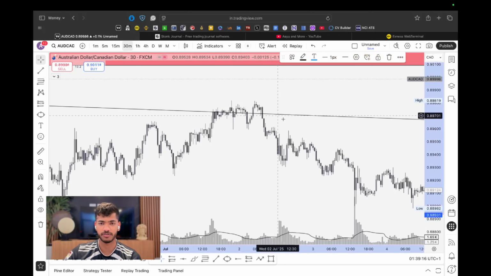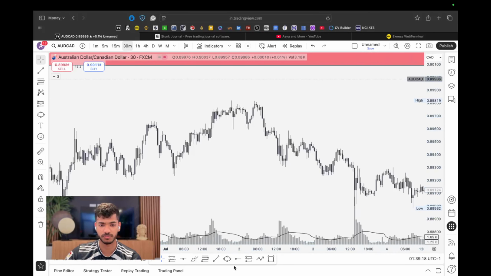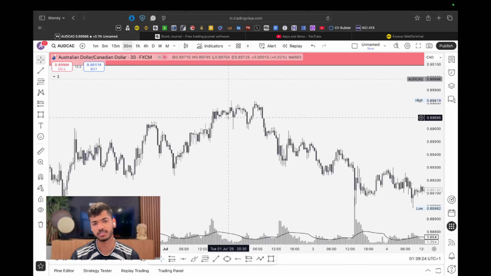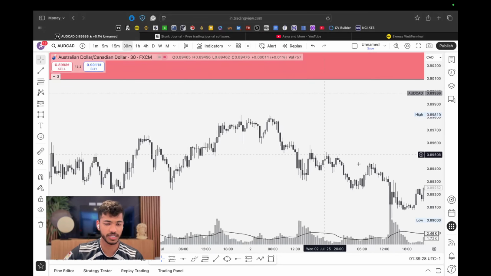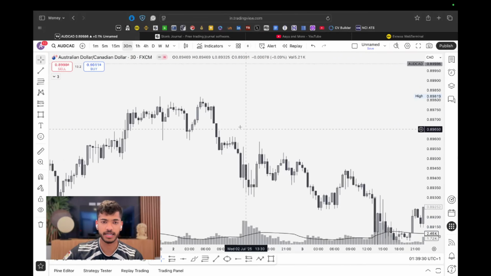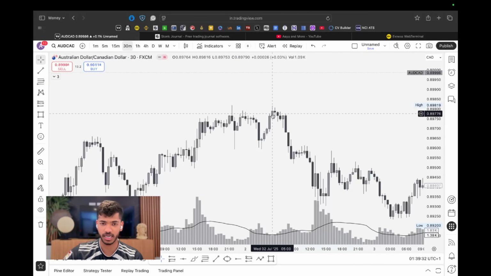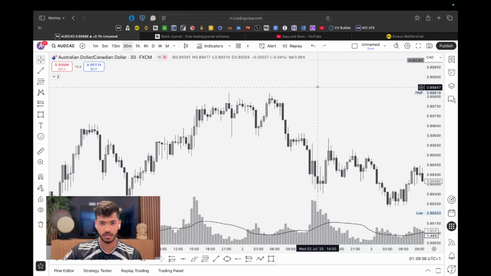I'll delete everything, and if you just look at this area right here, you can tell that the selling is more favorable than the buying, because you can see the big red candles, and you can see the green candles or the lighter color candles, if you understand.